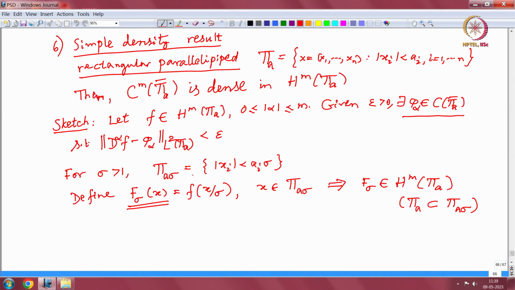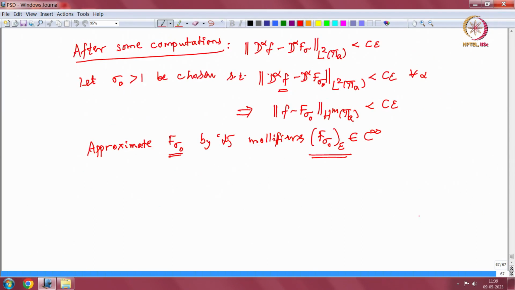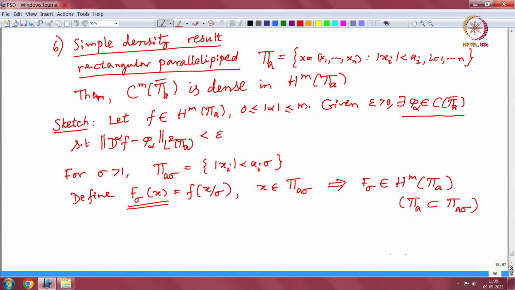Our idea is to prove that, for choosing sigma appropriately, this f sigma is close to f in the H^m norm. Since there is sigma in the definition of f sigma, when you take derivatives, powers of sigma appear.